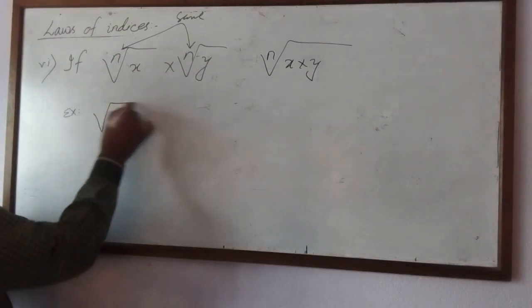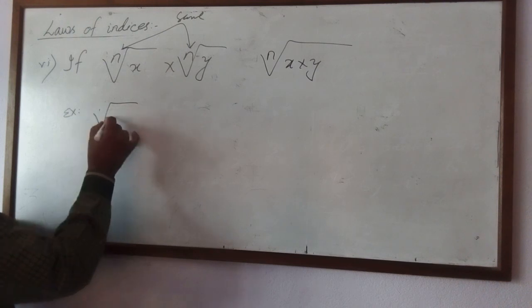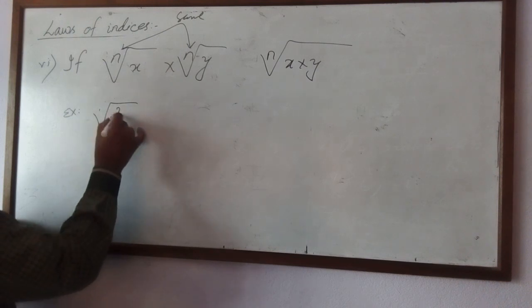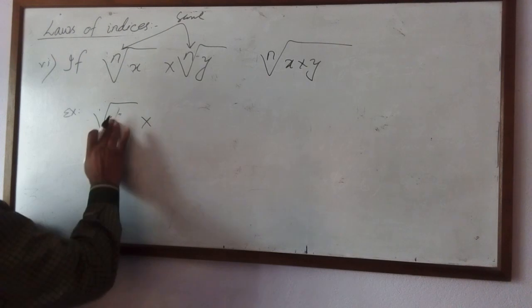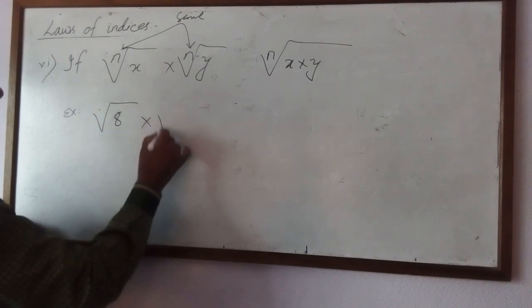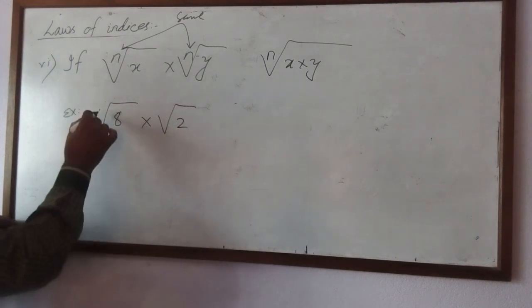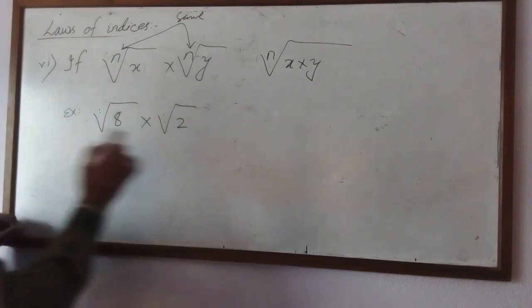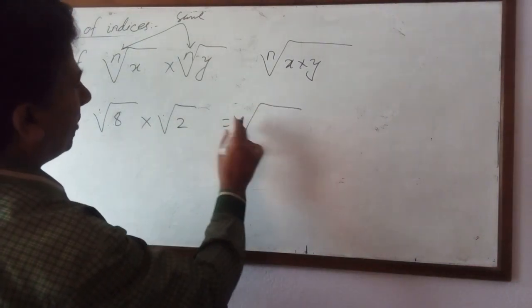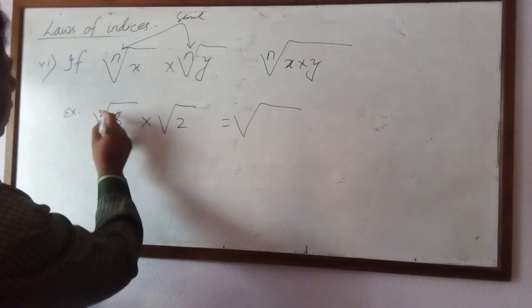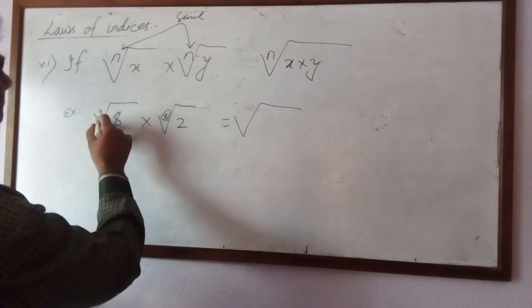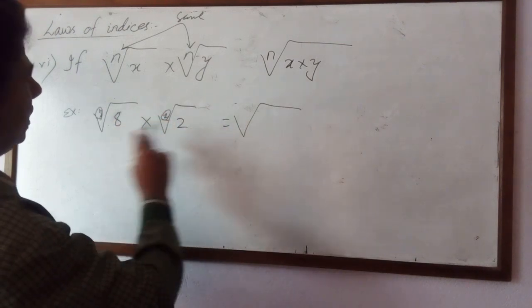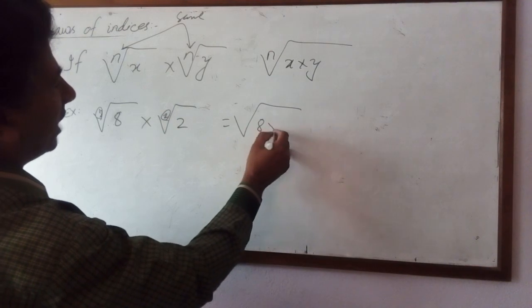Now, 2a square times 8, here is 2. Now here also 2, which has not been written. Not written means you have to understand there is 2. Then we can multiply this 8 times 2.